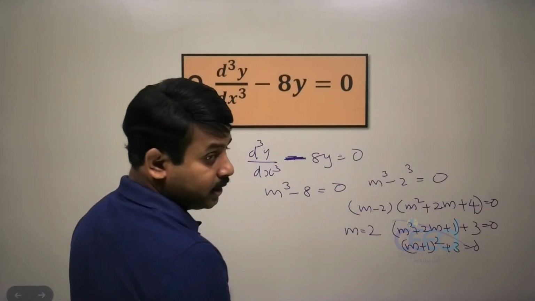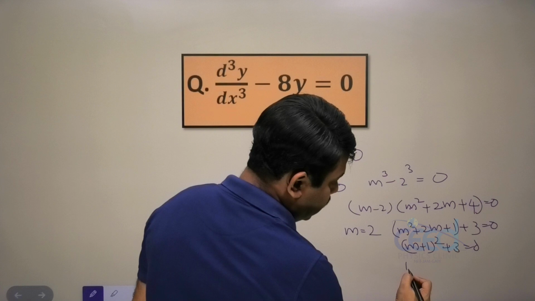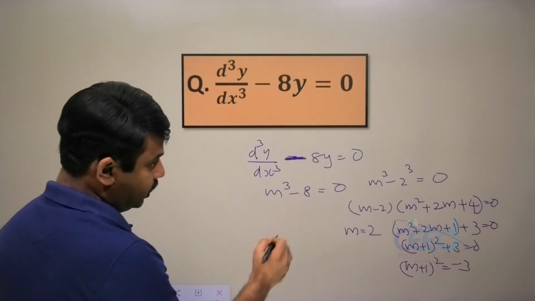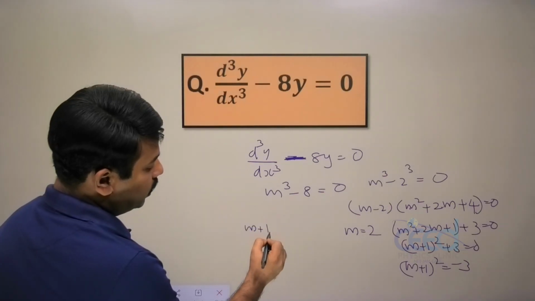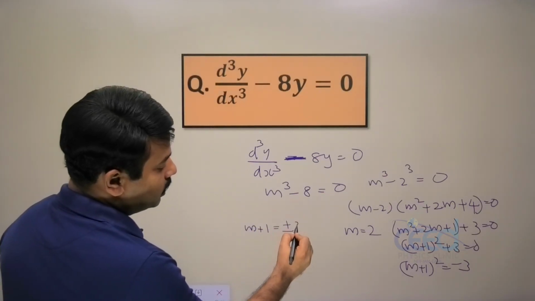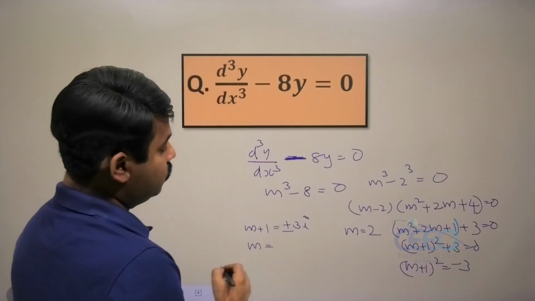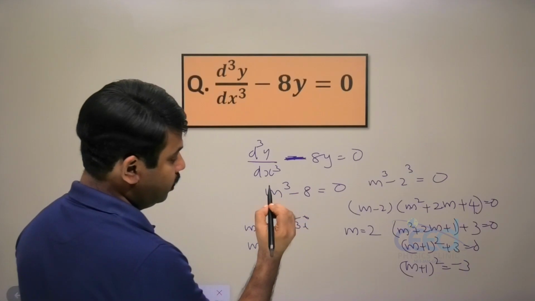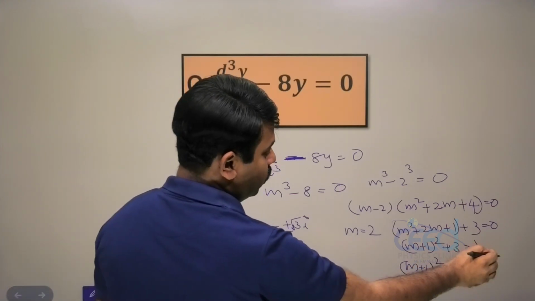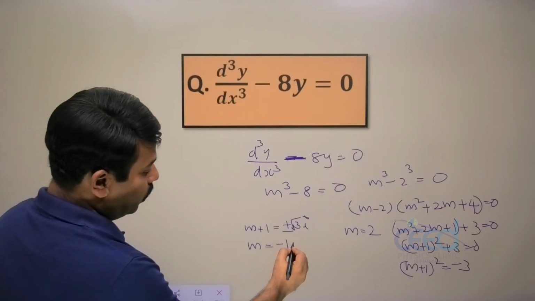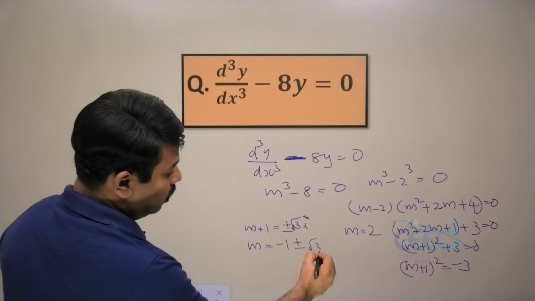Then m plus 1 the whole square is equal to minus 3. Then m plus 1 is equal to plus or minus root 3i. Understood? Take a square root, the root of a negative is a complex number. Then m is minus 1 plus or minus root 3i.